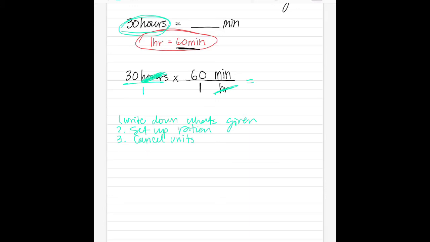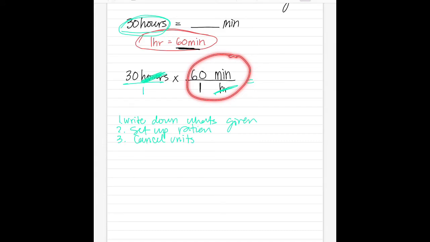Remember that if I have a number on the top side of a fraction, which this 30 is, because technically it's 30 over 1, then I multiply. If it's on top, you multiply. Now, had this been flipped and it was 1 over 60, then you would do 30 divided by 60.